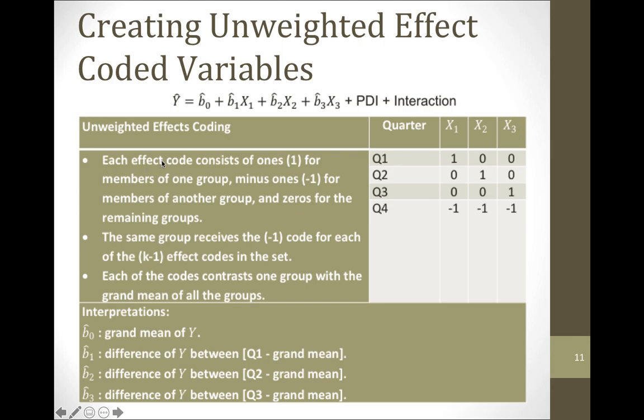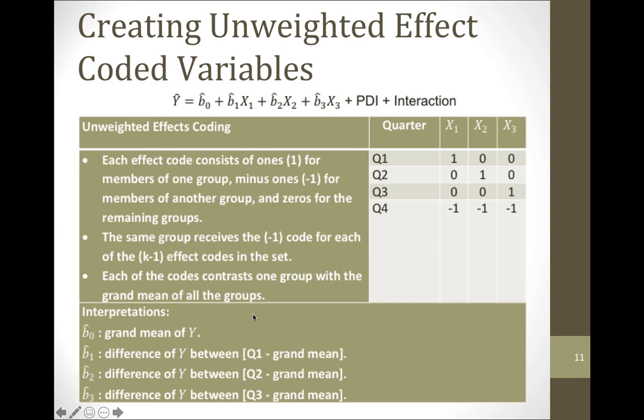Each effect code consists of ones for the members of one group, minus ones for members of another group, and zeros for the remaining groups. The same group receives a -1 code for each of the k-1 effect codes in the set. So Q4 in this case will receive -1 for each of the codes in the set. And each of the codes contrasts one group with the grand mean of all the groups.